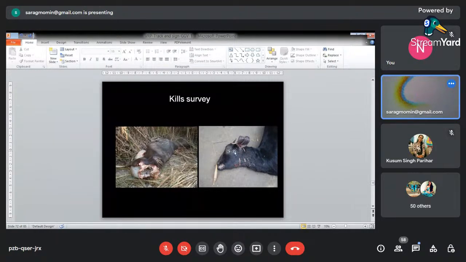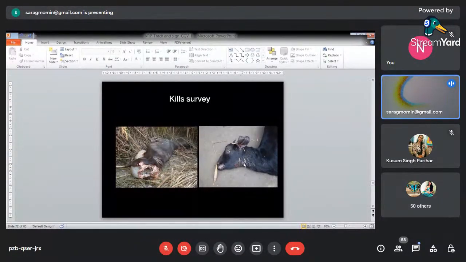But in the case of a goat, you know, the tiger is the king of the jungle. They don't want to kill small animals. So a tiger never prefers to kill such small cattle.